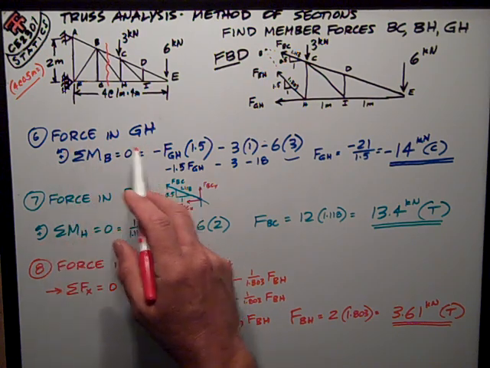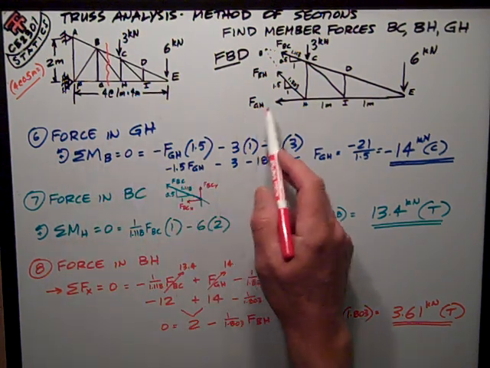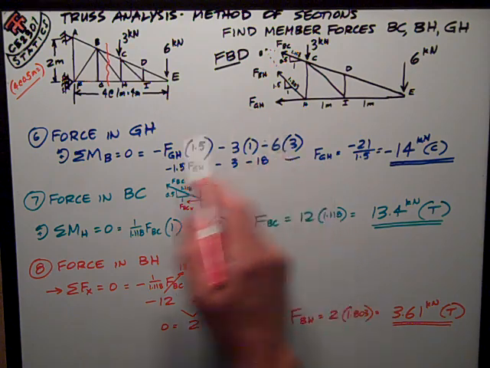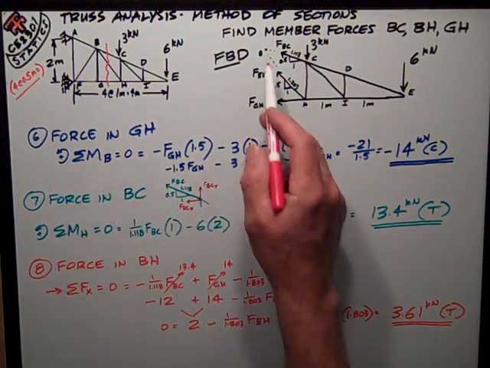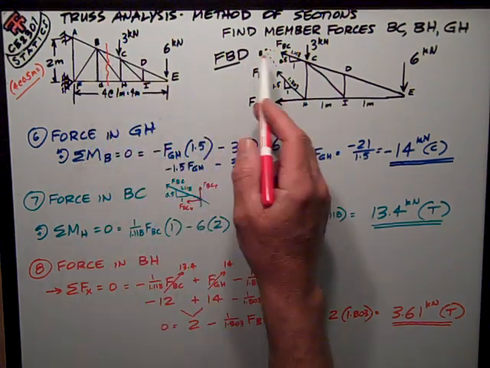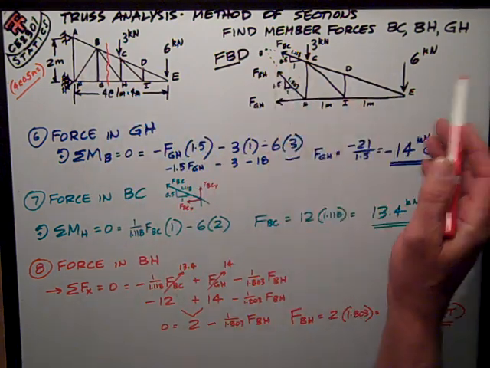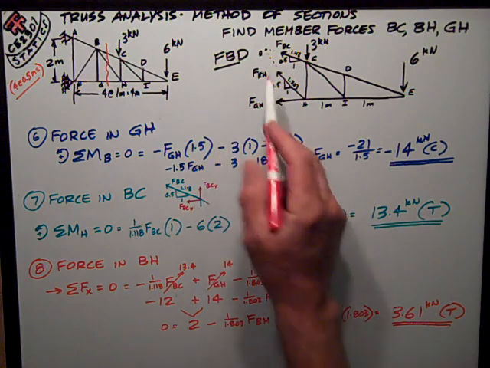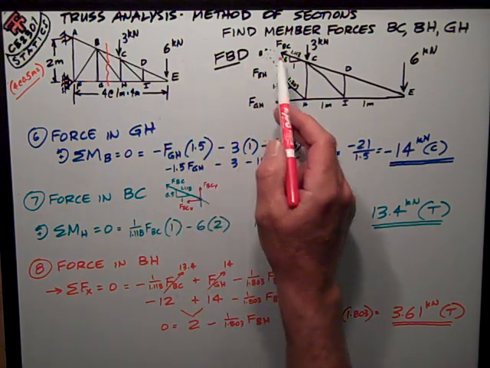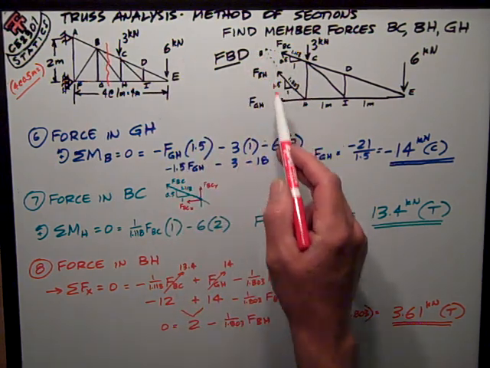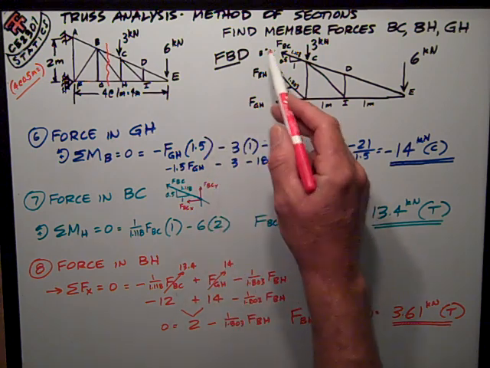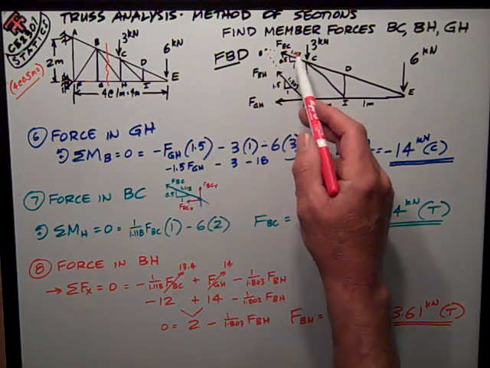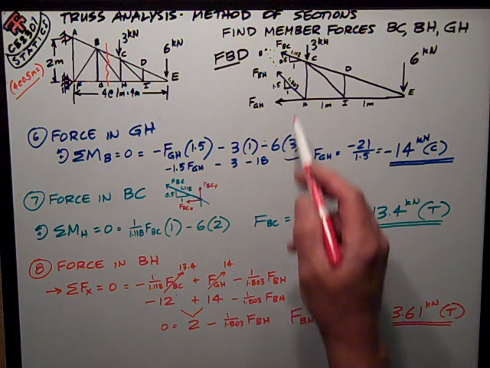First one I'm asked for is the force in GH, this horizontal member down here on the bottom. I take moments about point B, which is not even on the section that I'm using, but I can still sum moments about it. It's right up here. I've kind of dashed in those lines. It's where BC and BH intersect, that's why I chose it, because it eliminates those 2 forces from the calculation.